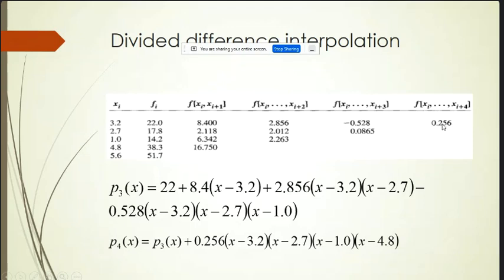And we can improve our interpolation polynomial by simply adding this divided difference multiplied by parentheses, the three last parentheses, and just a new parenthesis, x minus 4.8.